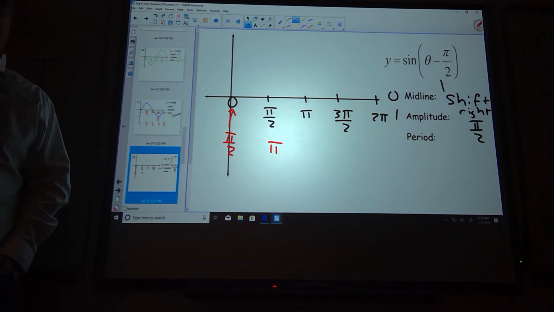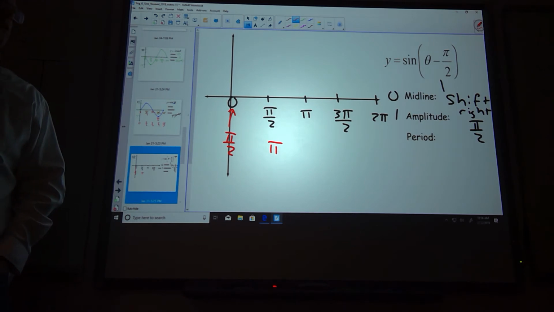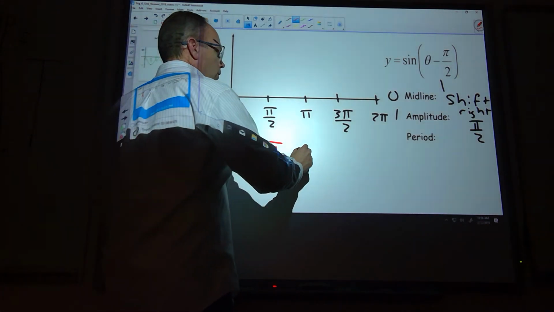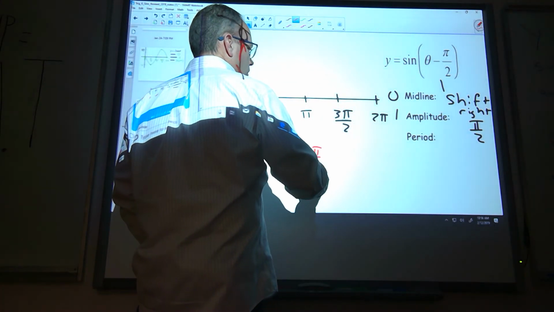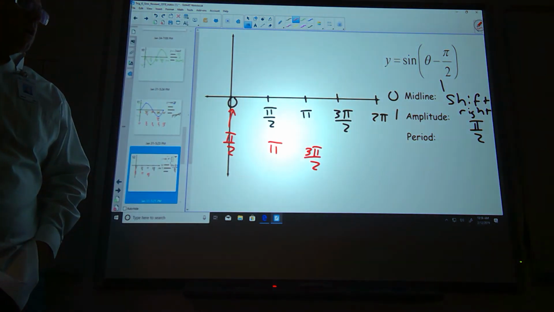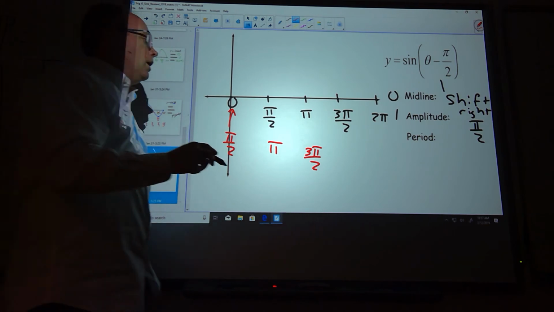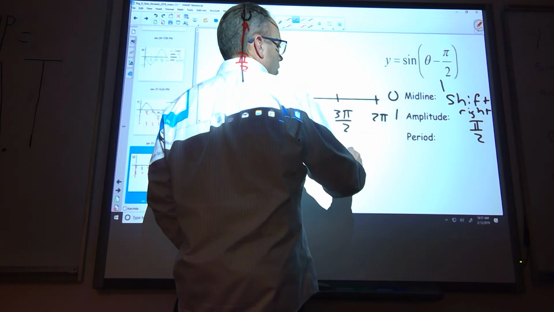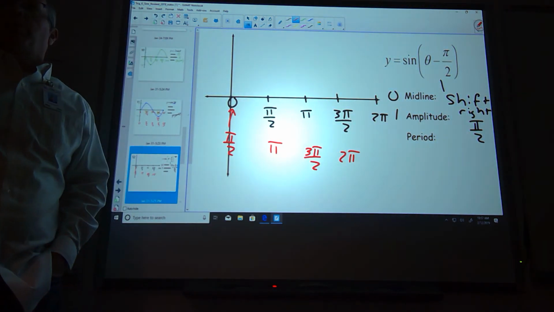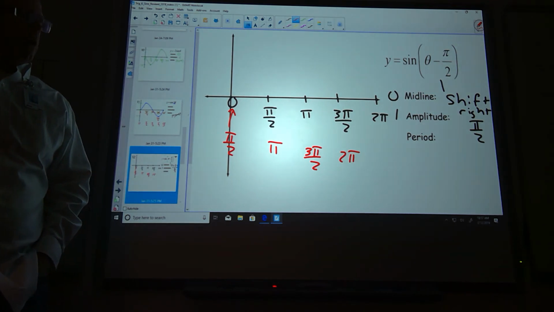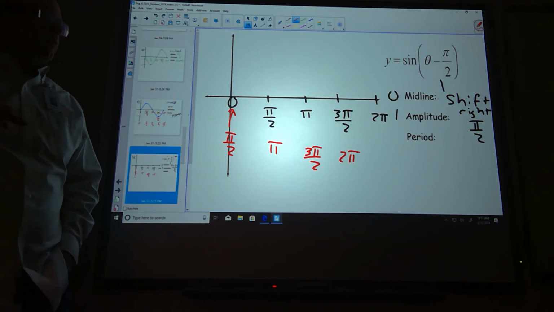Pi plus pi over 2, that's 2 pi over 2 plus pi over 2 is 3 pi over 2. Pi over 2 plus 3 pi over 2 is 4 pi over 2, which is 2 pi. 2 pi plus pi over 2 is 4 pi over 2 plus pi over 2, so that's 5 pi over 2.